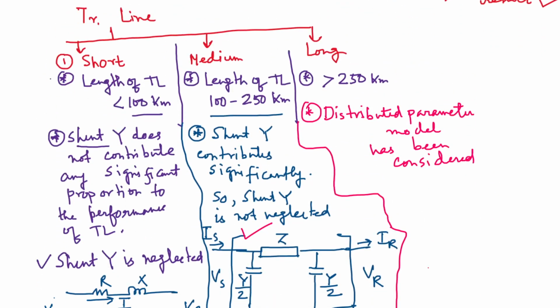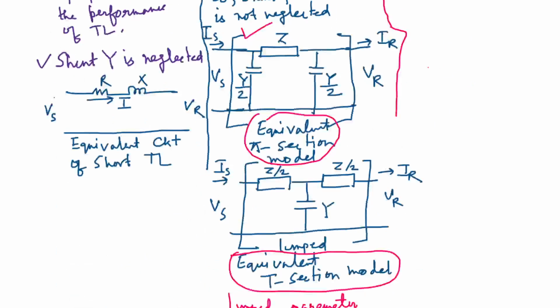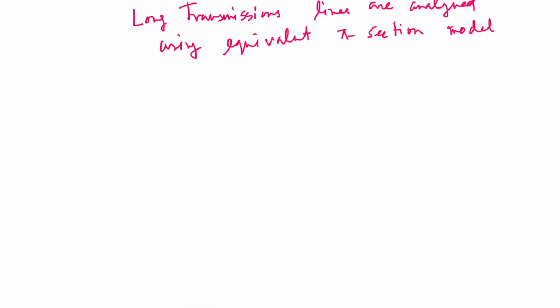Because of this fact, some group of people consider the medium length line as a long transmission line as well. So there are two opinions altogether.